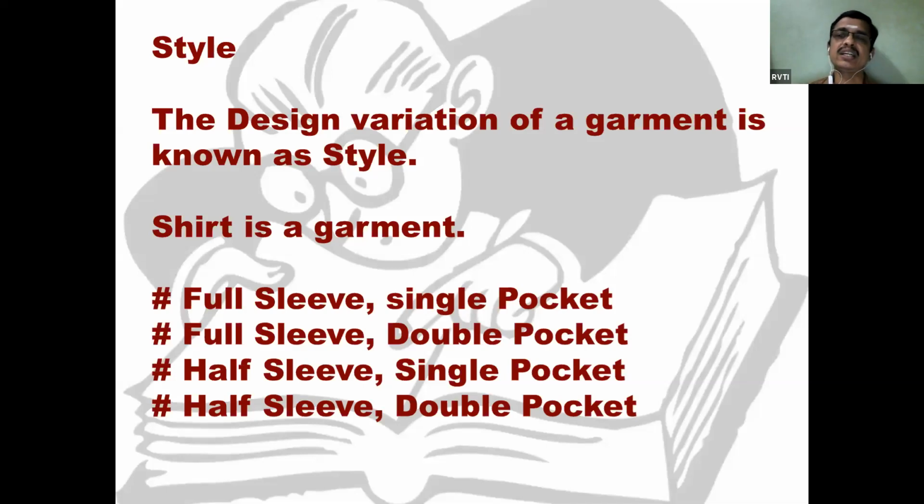In mass production garment factories, it's very difficult to denote each and every style by a description like full sleeve single pocket, full sleeve double pocket. Instead of that, they give one number, known as the style number.